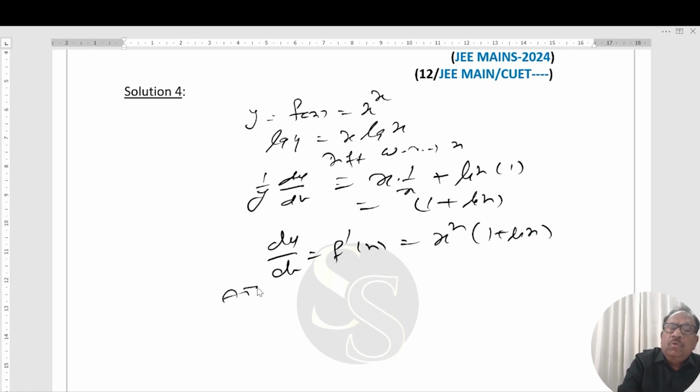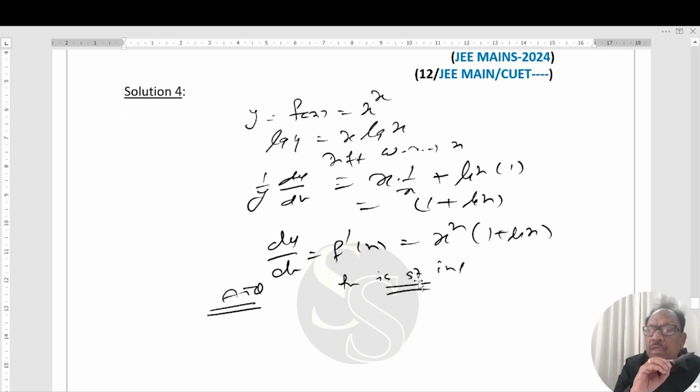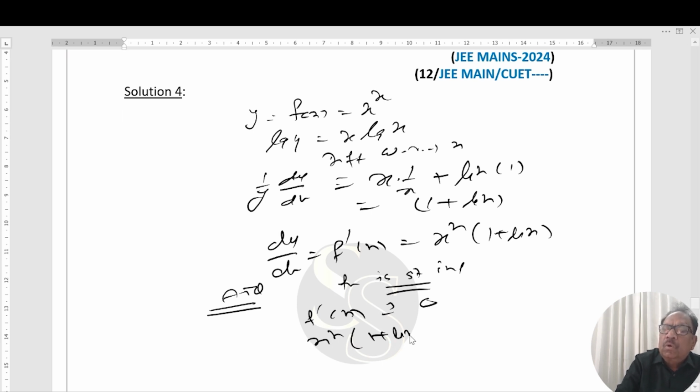According to the question, our simple requirement is to find the intervals in which the function is increasing, strictly increasing. If it is the case, no need to find critical points. f dash x should be greater than or equal to 0, right? Means x power x, 1 plus log x should be greater than or equal to 0.